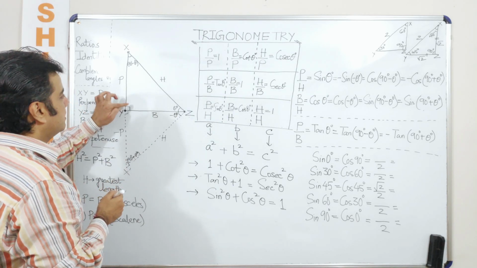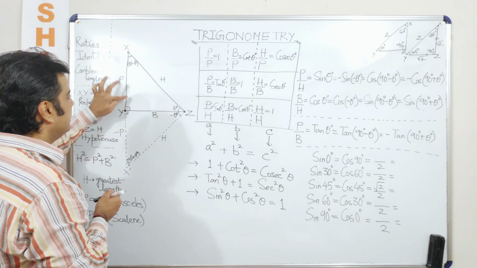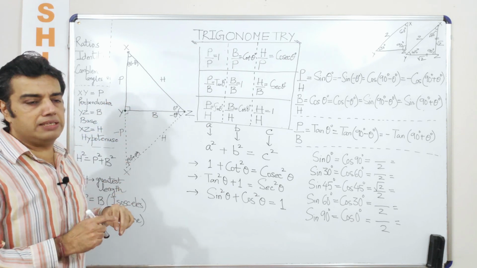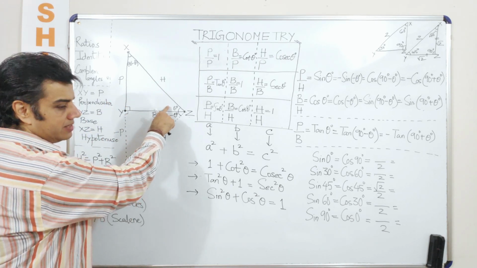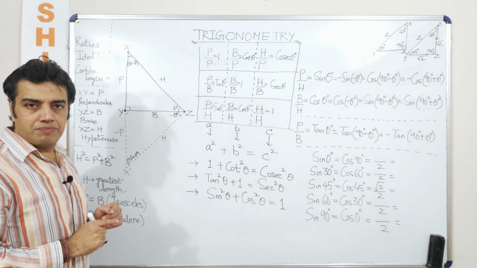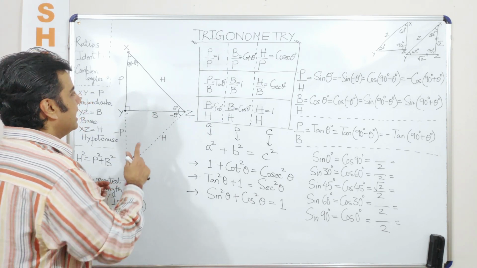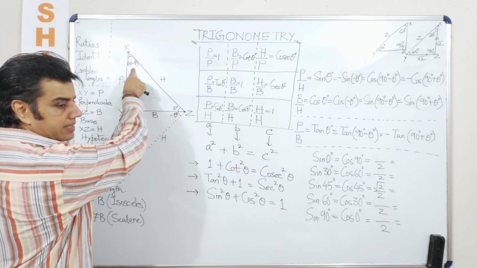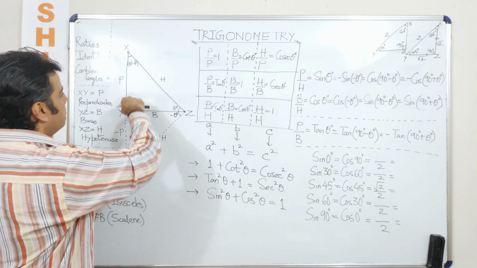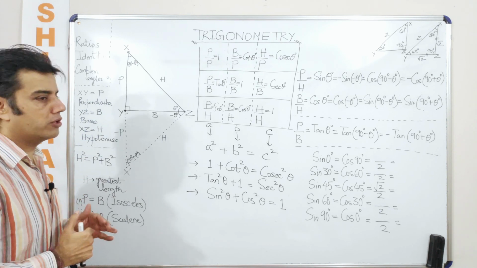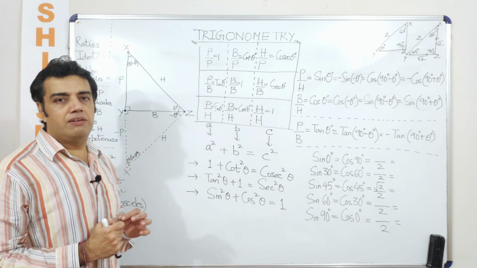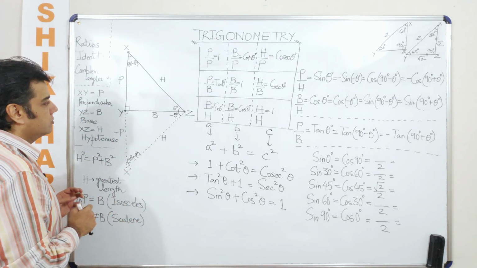We know that the sum of the three interior angles of a triangle is equal to 180 degrees. So 90 degrees plus theta degrees, and thereafter we subtract it from 180 degrees, which is why the measure of angle yxz will be 90 degrees minus theta degrees.